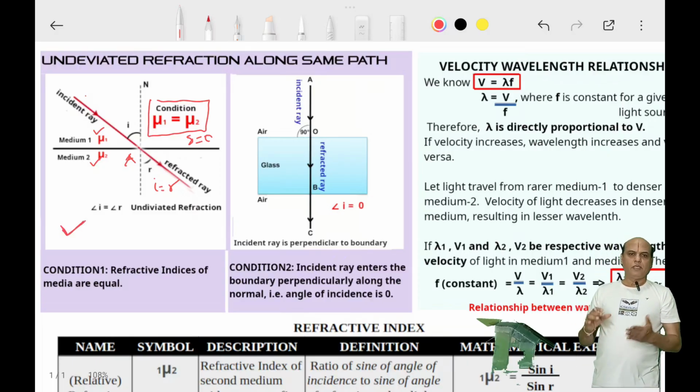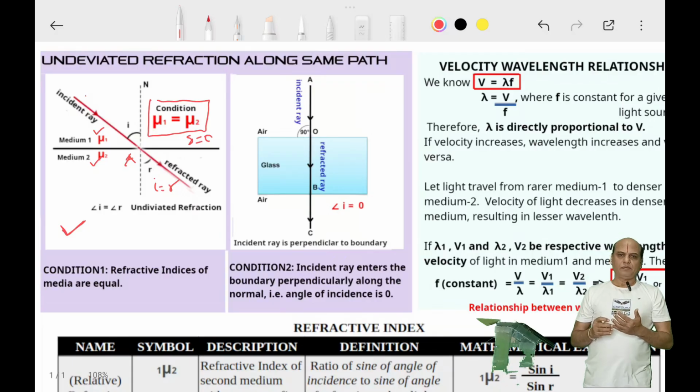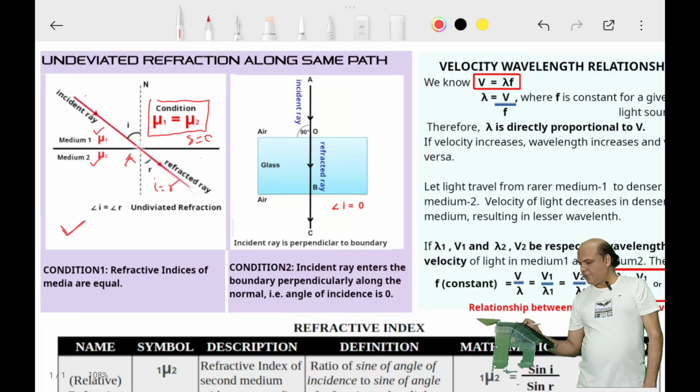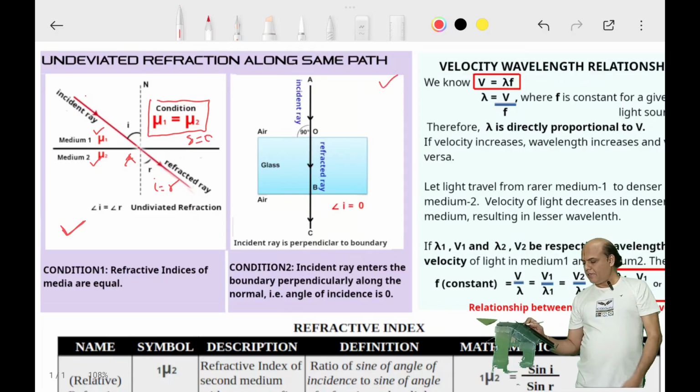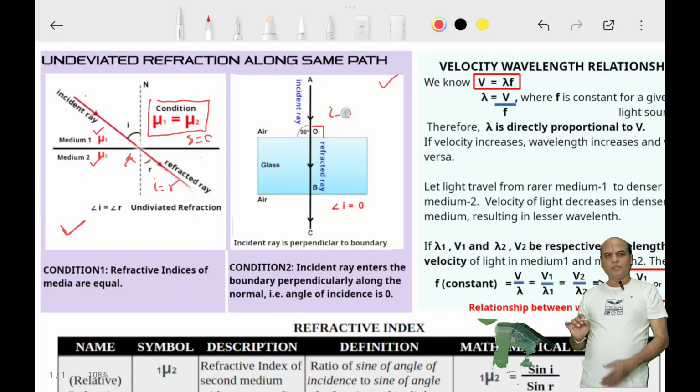Now, if the refractive indices of medium 1 and 2 are not the same, still undeviated refraction along the same path can happen. That is condition 2. Suppose the refractive indices are different, still, consider this. An incident ray is hitting the boundary surface perpendicularly. That means the angle of incidence is 0 here.